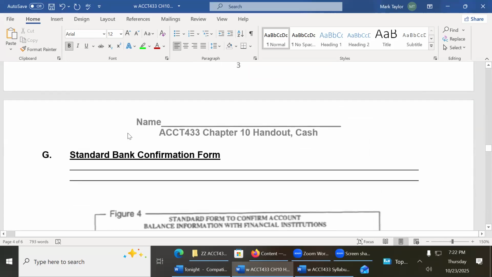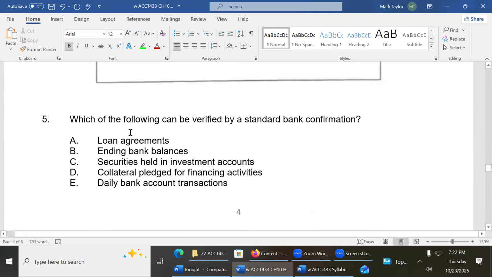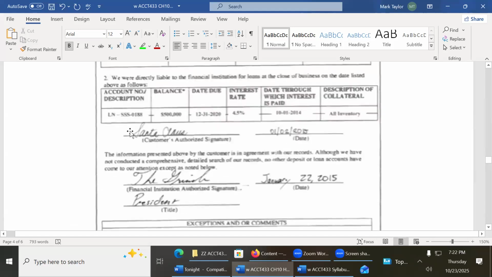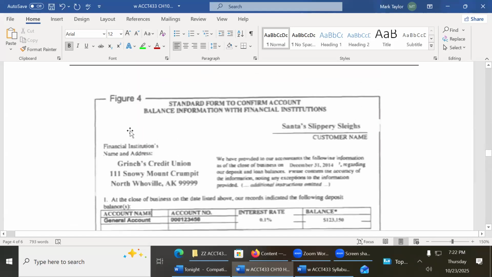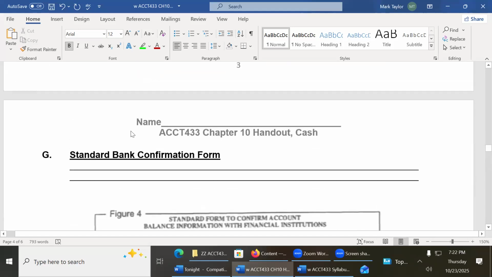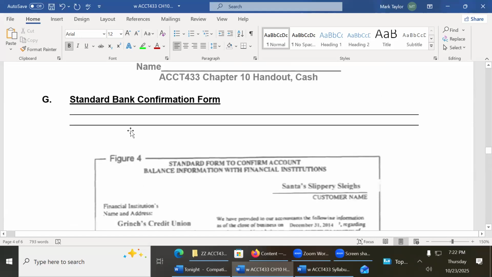All right. Bank standard confirmation. And this is kind of fuzzy, but that's not all bank confirmation forms are.